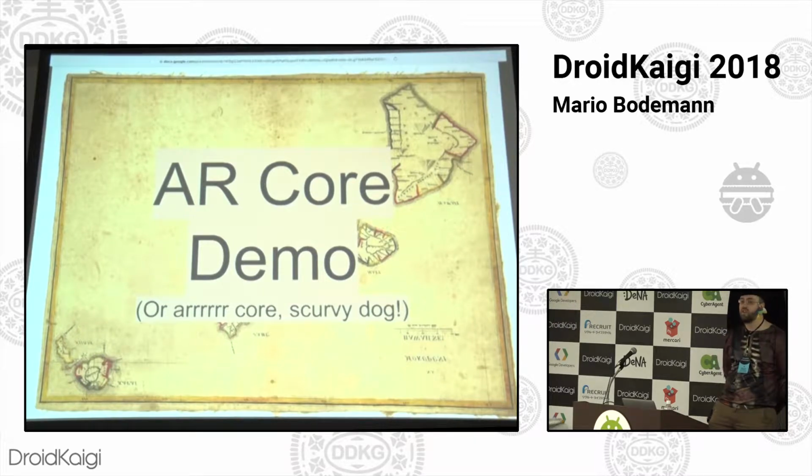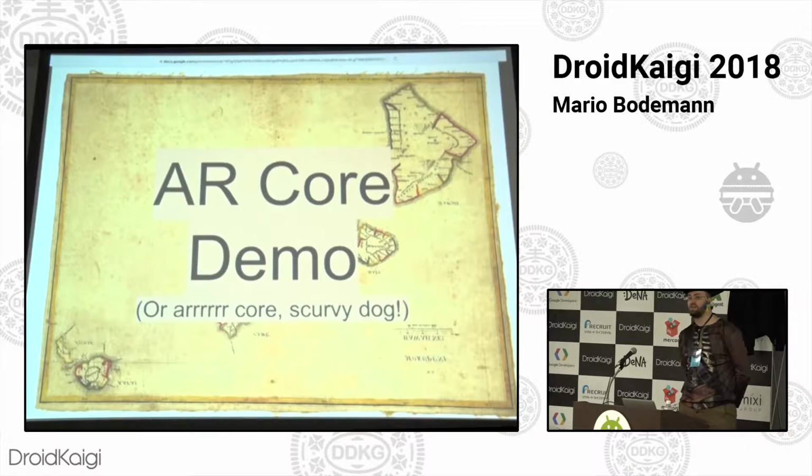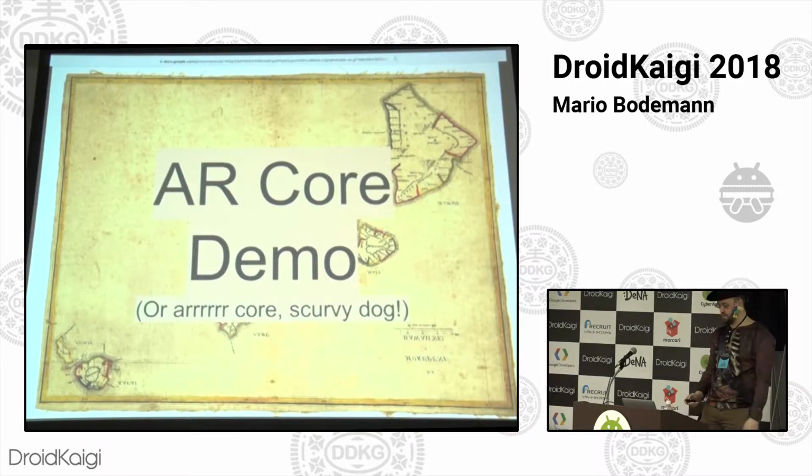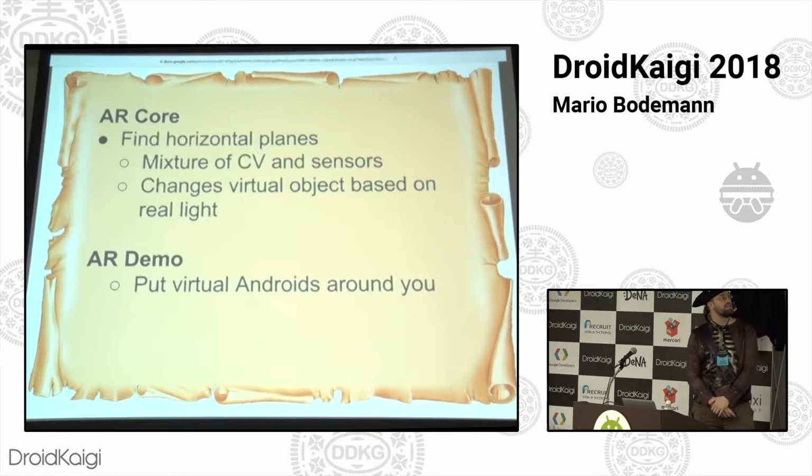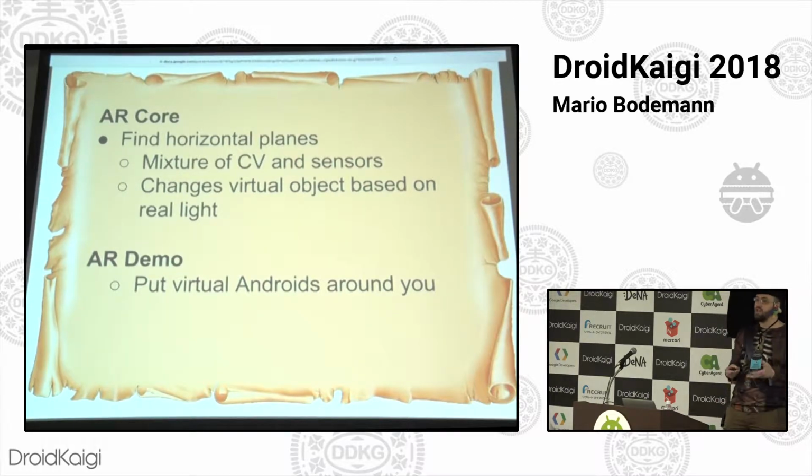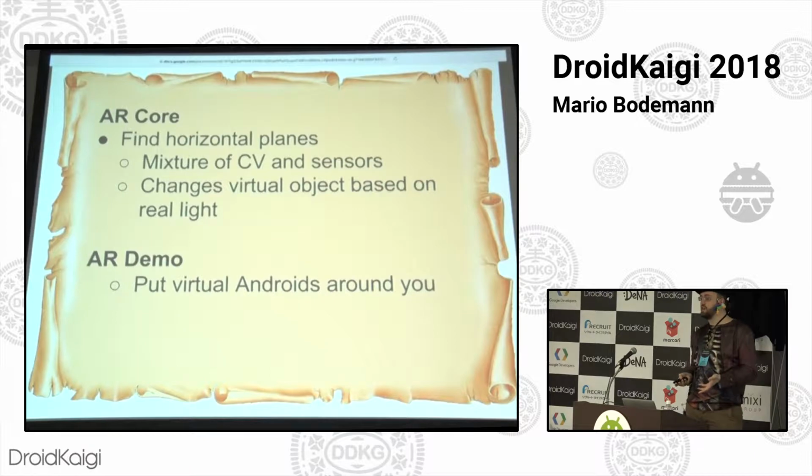ARrrrg scurvy dog, right? So some months ago, Google was announcing ARCore. And I was taking a look at it and just finding out what this thing does. Oops, my bird moved into my eyes. ARCore is essentially helping you to find horizontal planes when you're looking through your phone. So you have an Android app running, which uses ARCore.